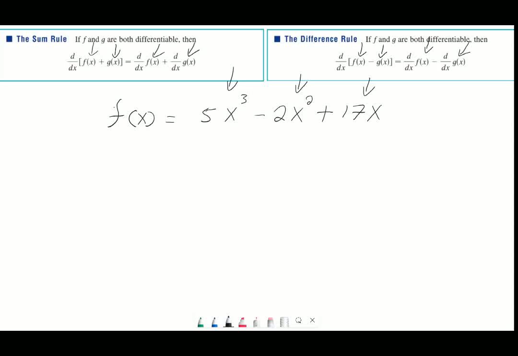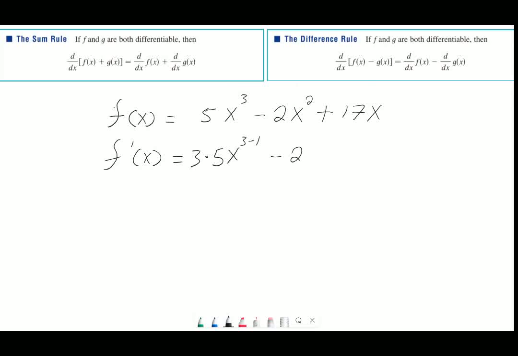So what that looks like in application is when I take the derivative of f, again, I'm going to apply now the power rule term by term, and that's what this is saying. So with that, the first term, again, I'm going to bring that 3 out, multiply it by the 5, subtract 1 from the exponent. And the next term, I'm going to take its derivative independently.